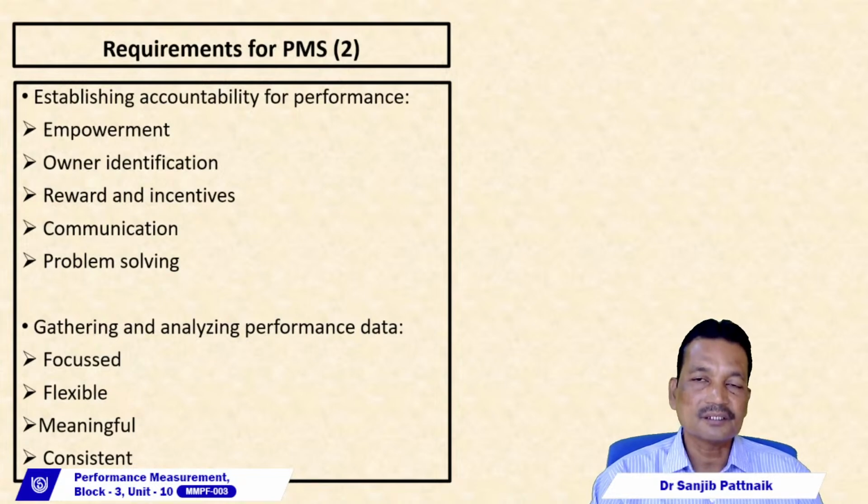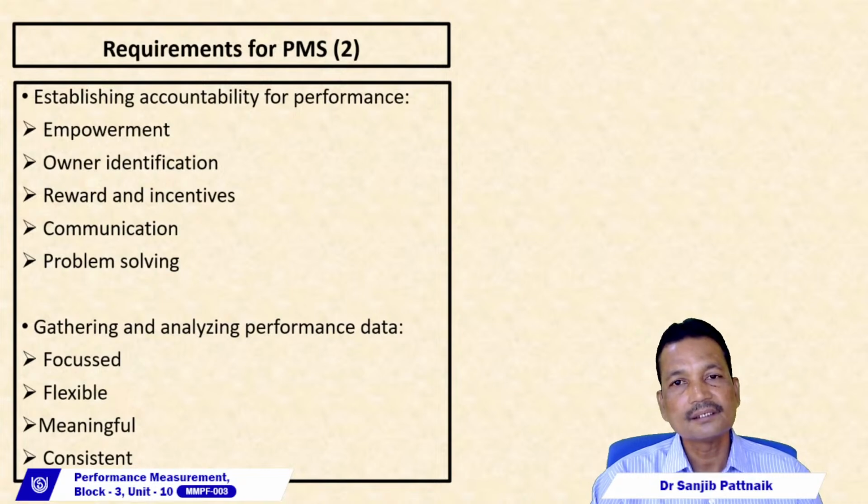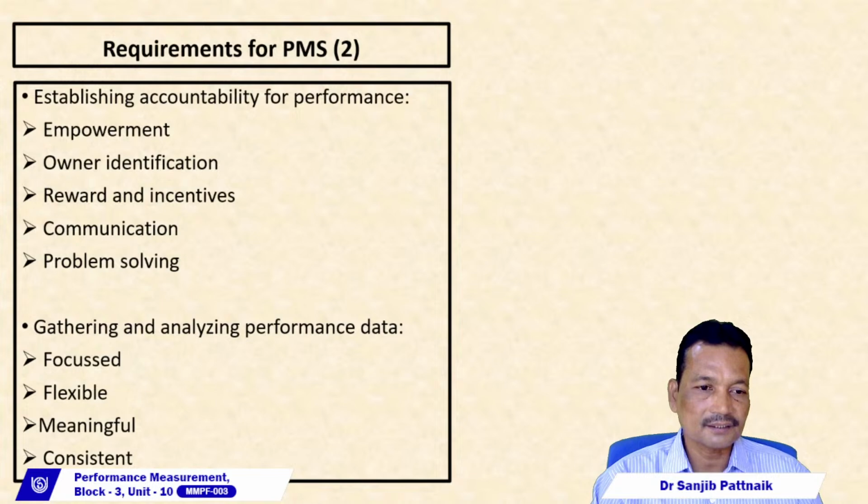It should be consistent. That means whoever is at the helm or the authority, the measurement should be the same for all. That means the performance measurement system should not be biased. It should be consistent.